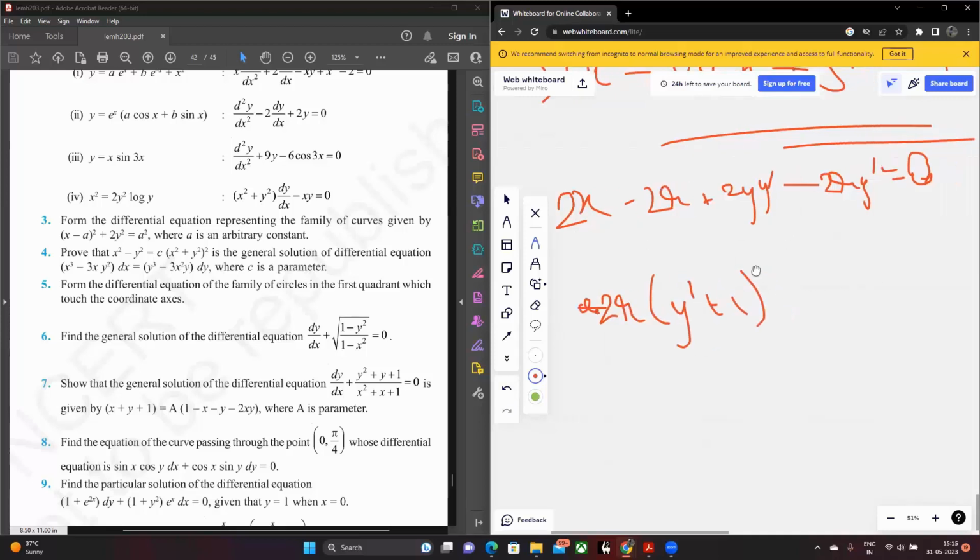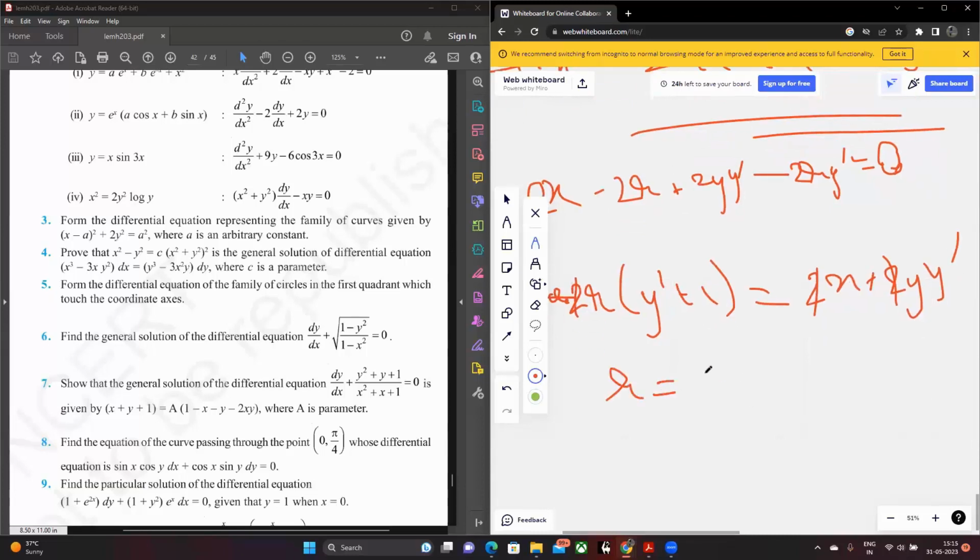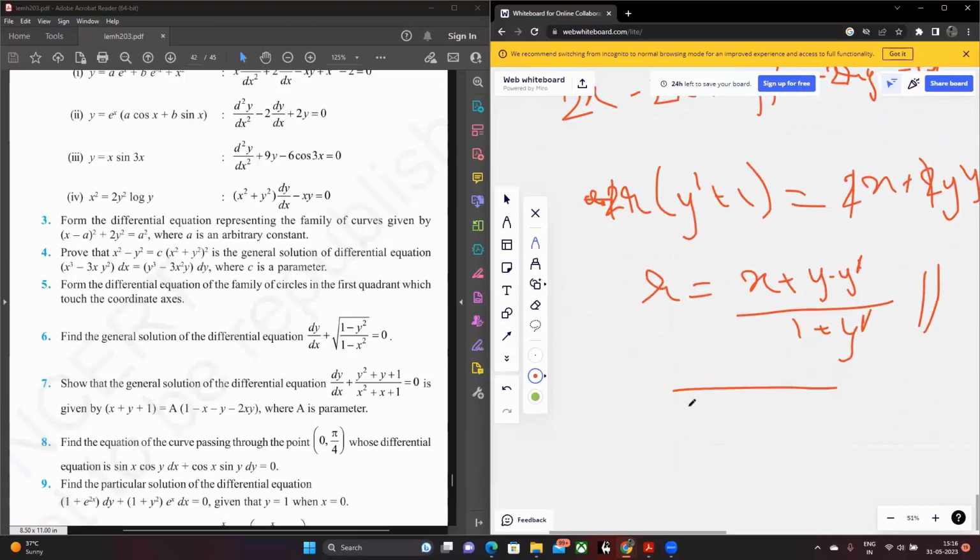Or I'll just take this to the other side, equals 2x plus 2y dash, right? Just removing all 2's, we basically have r equals x plus y times y dash divided by 1 plus y dash, right?